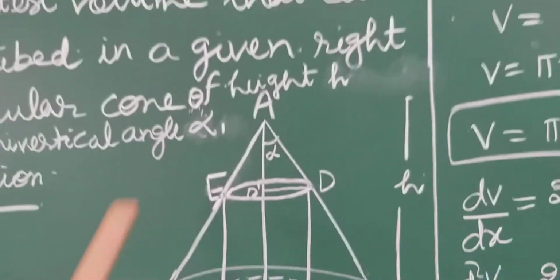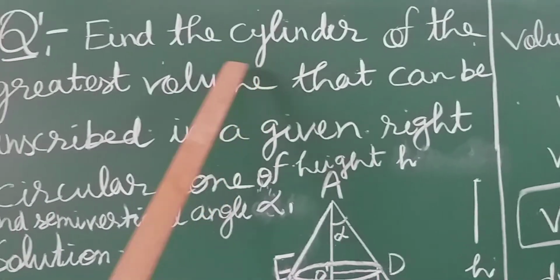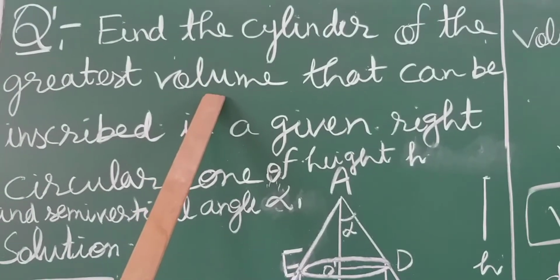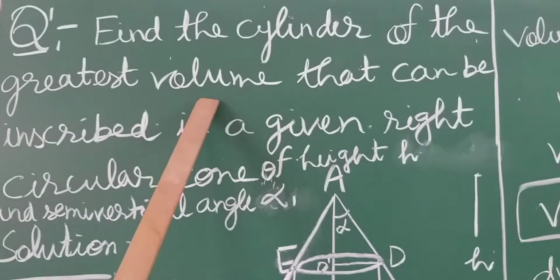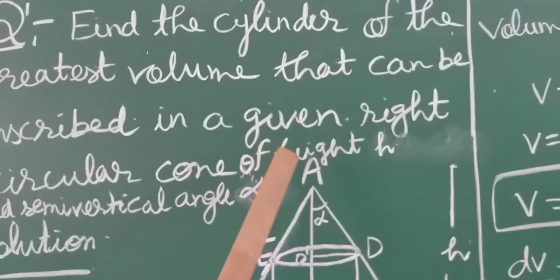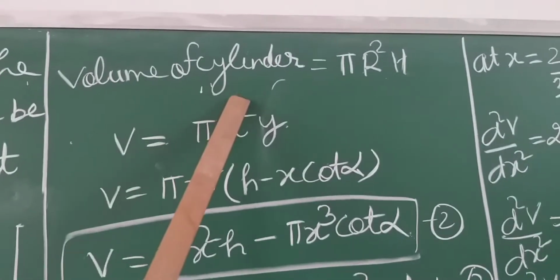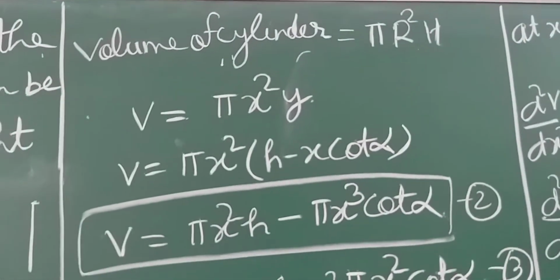Now students, we have to find the cylinder of greatest volume, meaning volume is maximized here. So we have to differentiate the volume. The volume of the cylinder equals pi r square h.